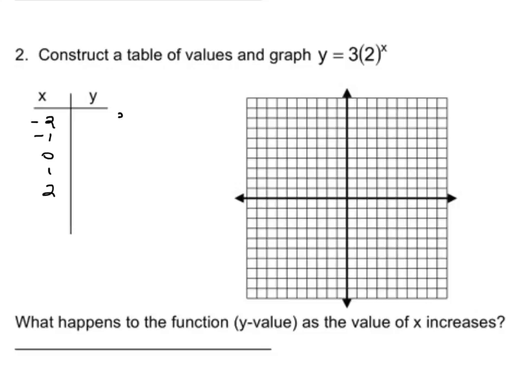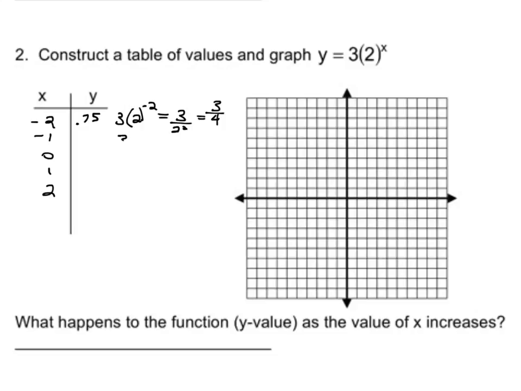And so we have 3 times 2 to the negative 2 power, which is going to be 3 over 2 squared, or 3/4. So that's 0.75.